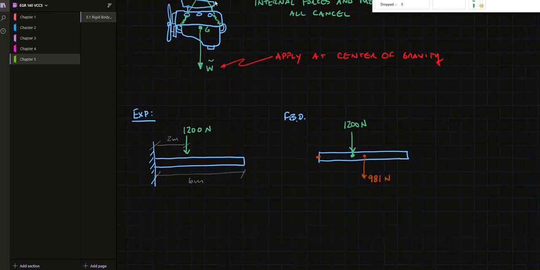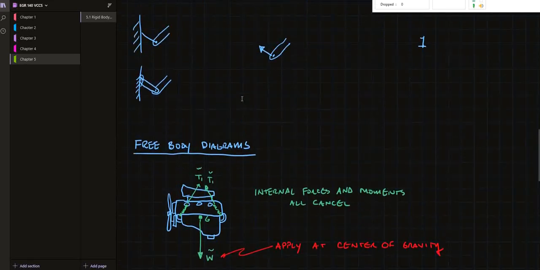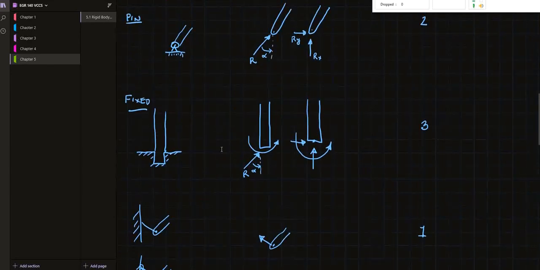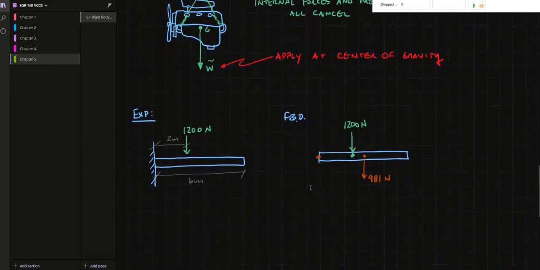Alright, now since this is a wall support, we're going to have some reactions to keep this whole thing in equilibrium. This will be a fixed reaction. So what we're going to end up with is a force in the y direction.